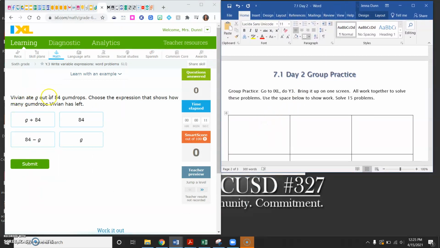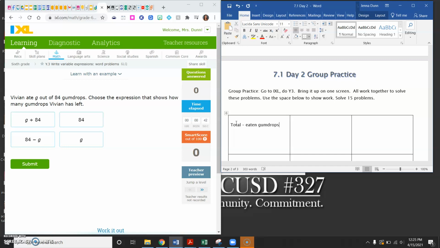So let's see. Vivian ate G out of 84 gumdrops. Choose the expression to show how many gumdrops she has left. Okay, so for this one, I would do total minus eaten, maybe, gumdrops.